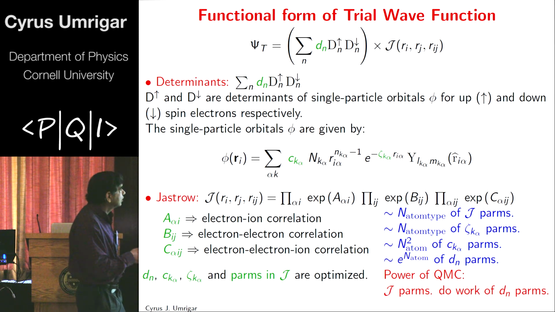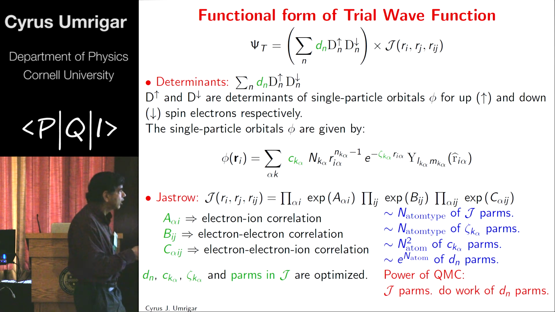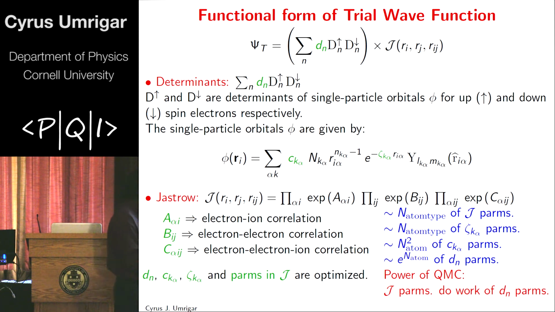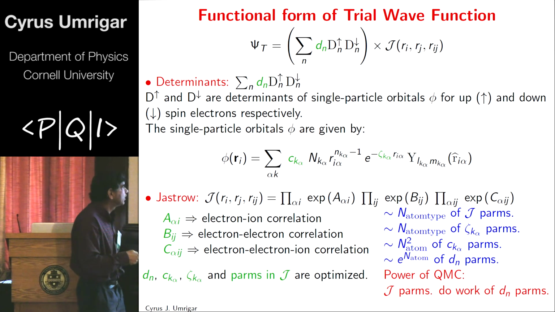And so the Jastrow factor is typically written as a product of three kinds of terms: an electron-ion correlation part, which in fact could be subsumed into the orbitals, an electron-electron part that keeps the electrons apart, and an electron-electron-ion correlation part that puts in the effect that how strongly the electrons want to stay away from each other depends on where they are in the molecule or the solid. In each of these, one has some variational parameters, typically on the order of 25 of them.